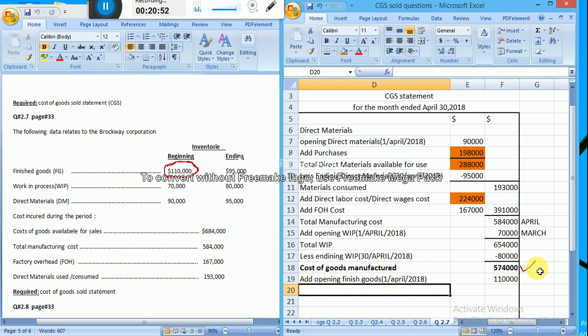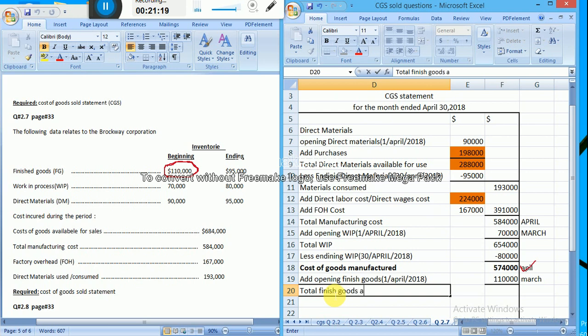Look at this: 5,74,000 is the April finished goods and the 1,10,000 is the remainder of the month of March finished goods. So automatically we will add the March finished goods to the April. So how much total finished goods do we have now?